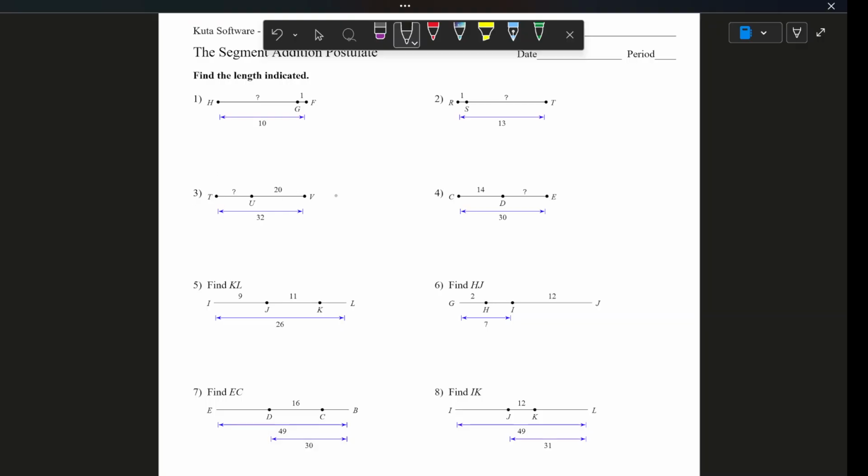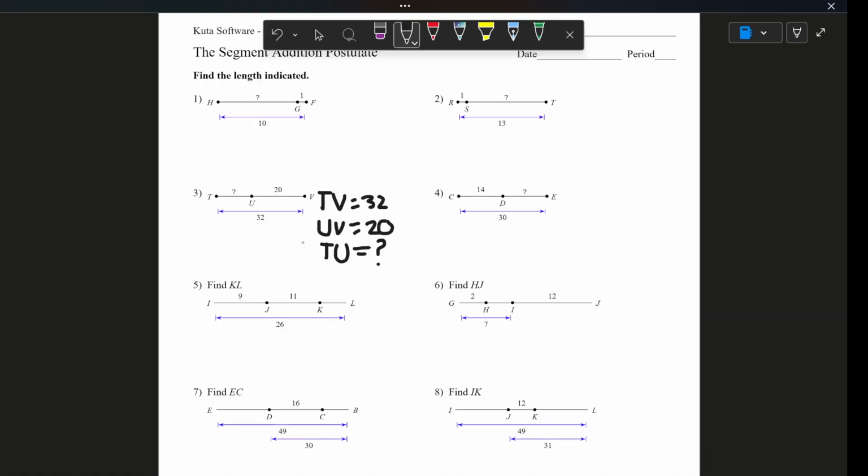Well, we know TV is equal to 32, and we know UV to be 20. And TU is, well, we don't know it. We're gonna figure that out.